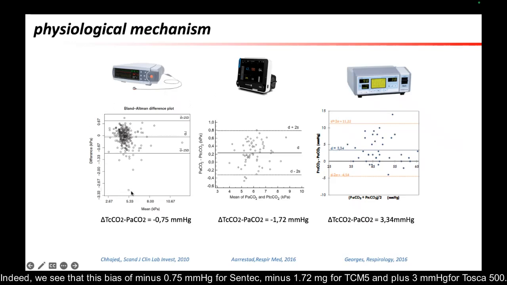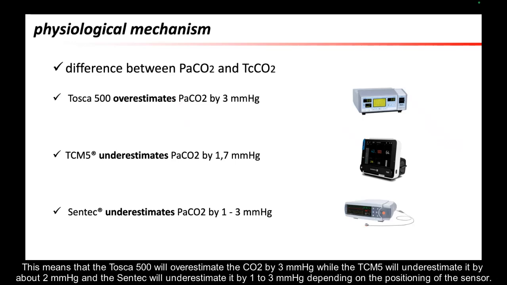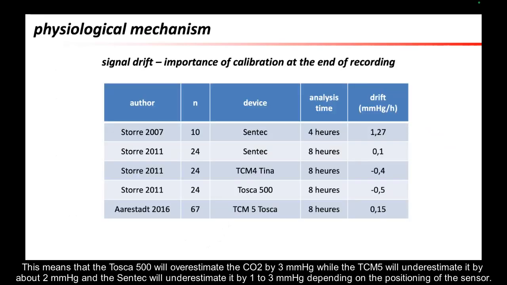Indeed, we see this bias of minus 0.75 mmHg for Sentec, minus 1.72 mmHg for TCM5, and plus 3 mmHg for Tosca 500. This means that the Tosca 500 will overestimate the CO2 by 3 mmHg, while the TCM5 will underestimate it by about 2 mmHg, and the Sentec will underestimate it by 1 to 3 mmHg depending on the positioning of the sensor.